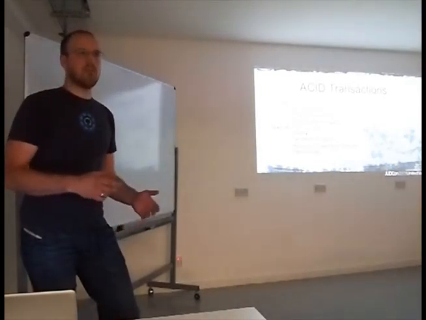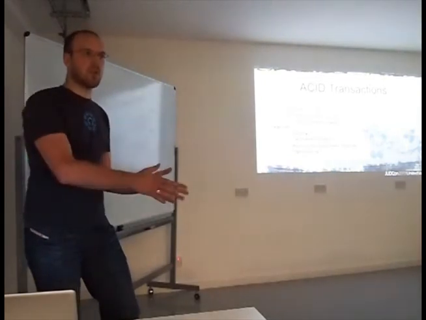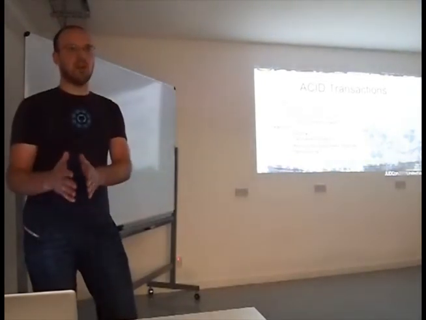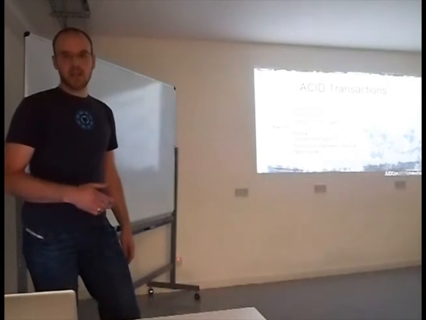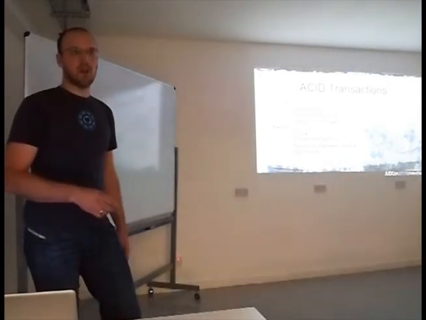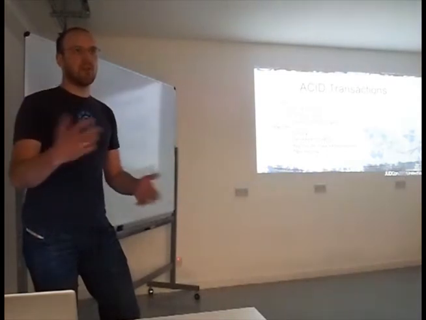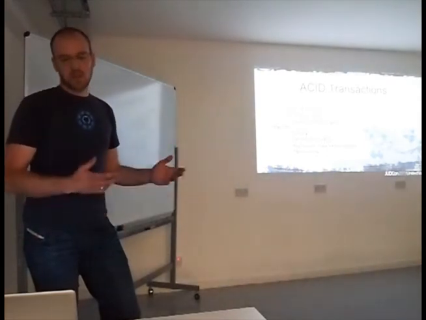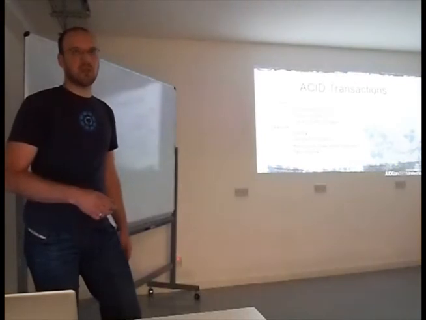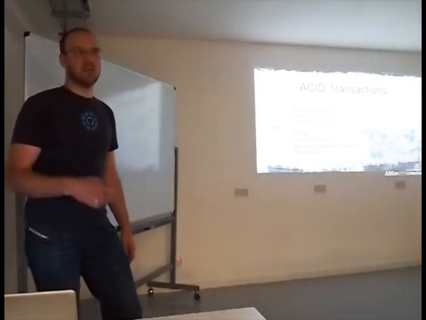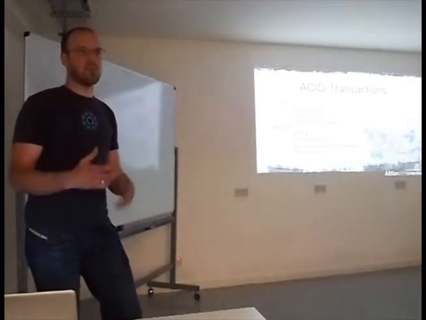Consistency essentially makes sure that the system moves from one consistent state to another consistent state. Isolation ensures that one transaction can't see another transaction that's in progress, and vice versa. And then durability is basically that once the transaction is completed, its state changes are persisted to some durable storage.